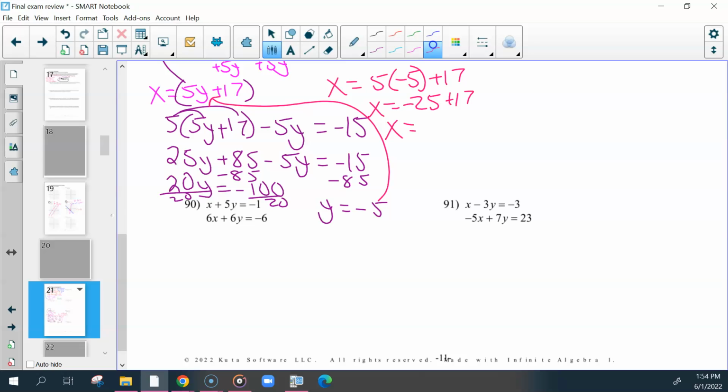And if we add that together, we get negative 8. And then we'd have to put that together as an ordered pair. So negative 8 first, and then negative 5. And that would be our solution.